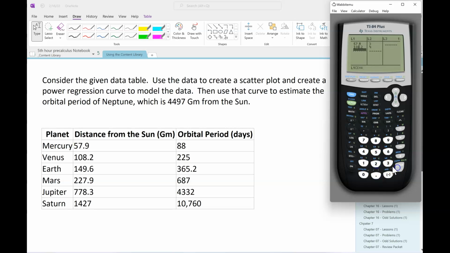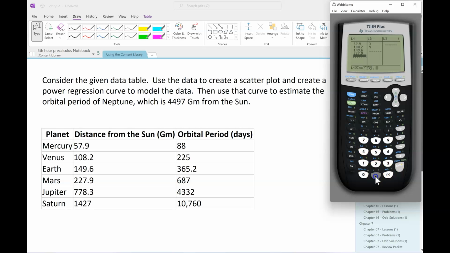And just as I do this, I'm going to talk a little bit. I am pretty sure that the distance from the sun should be my independent variable. Because if I think about planets, I know they orbit the sun in elliptical orbits. The farther that distance from the sun, that's like the radius of the thing. That's going to make a bigger orbit, and it's going to take longer to do it.